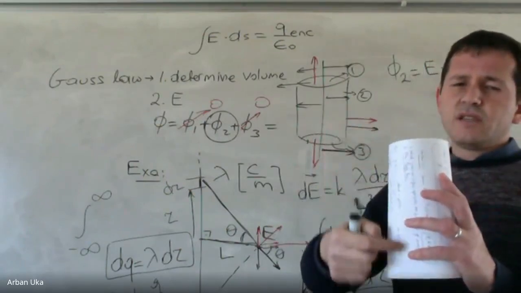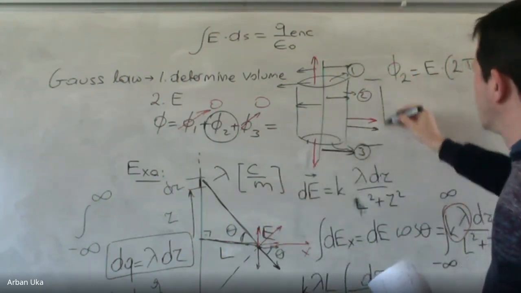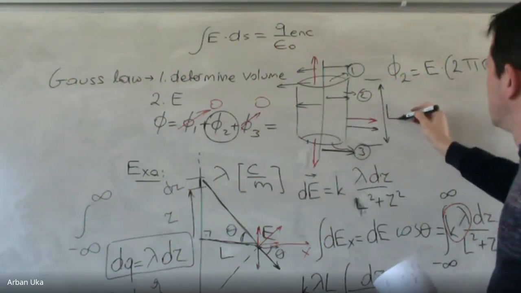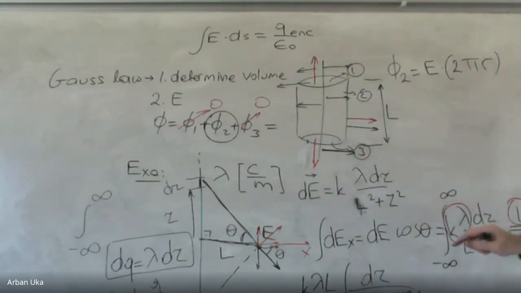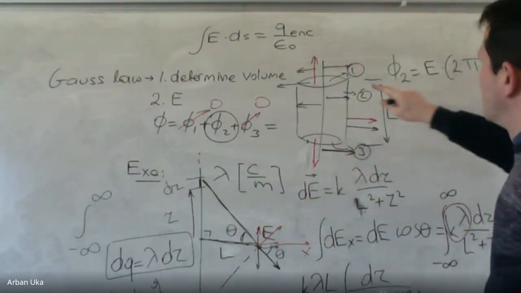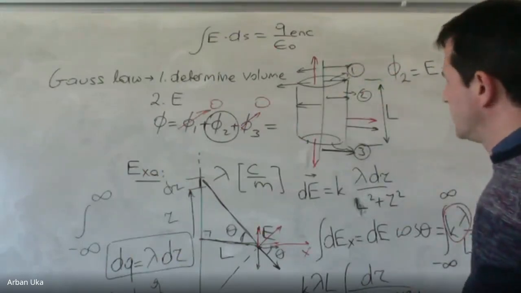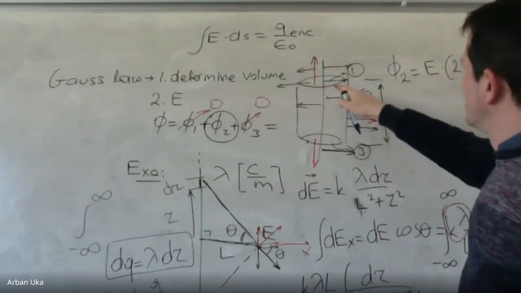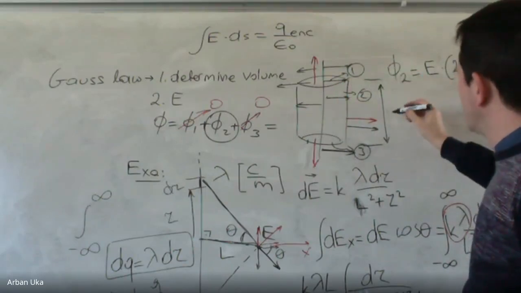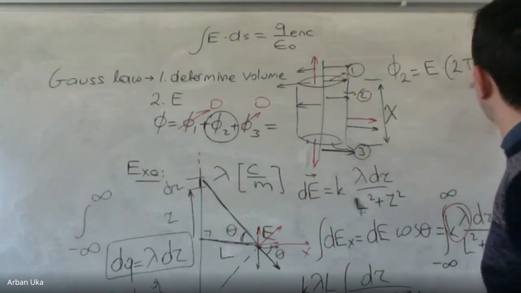Let's define this as length L. Actually, since we use L for the radius here, let's assume that the radius is L, so 2 pi L. It's not the best notation probably. And this area here, let's call this one side, Greek psi.